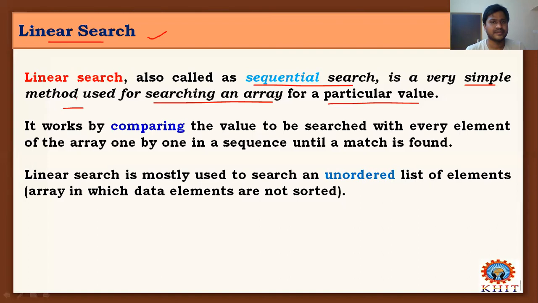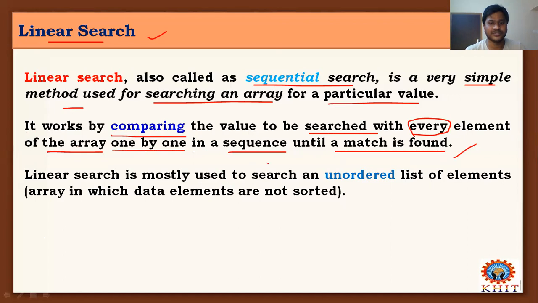It works by comparing the value to be searched with every element of the array, one by one in sequence, until a match is found or the end of the array is reached.